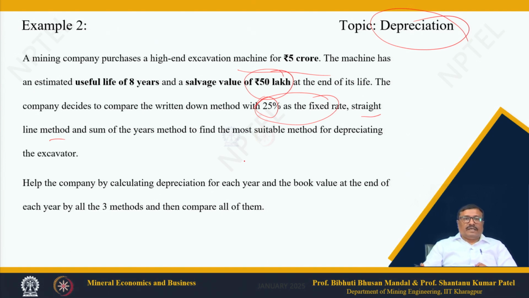We can find out the depreciation using the techniques that we learned in the theoretical class, and then by deducting the depreciation from the previous year's book value, we can make schedules of the book values throughout the life of the machine for all these 3 methods. Then we can compare them physically, or at the same time plot them graphically to see how they behave.